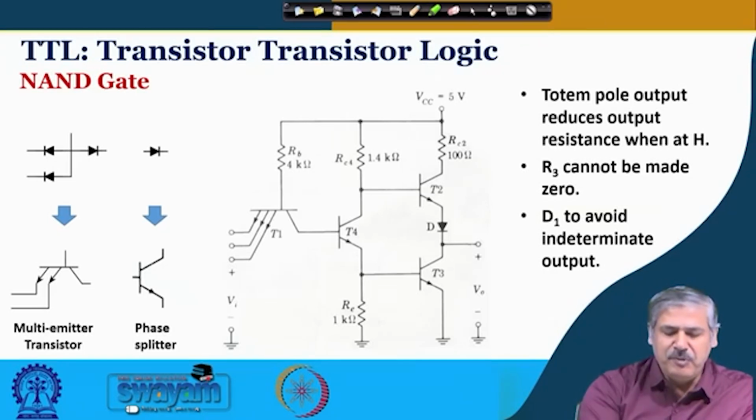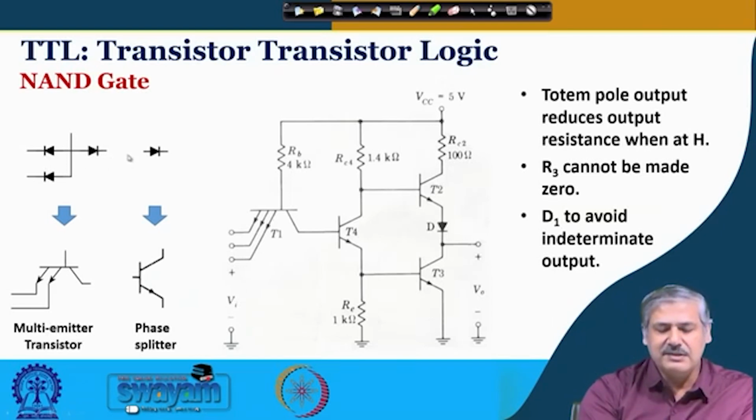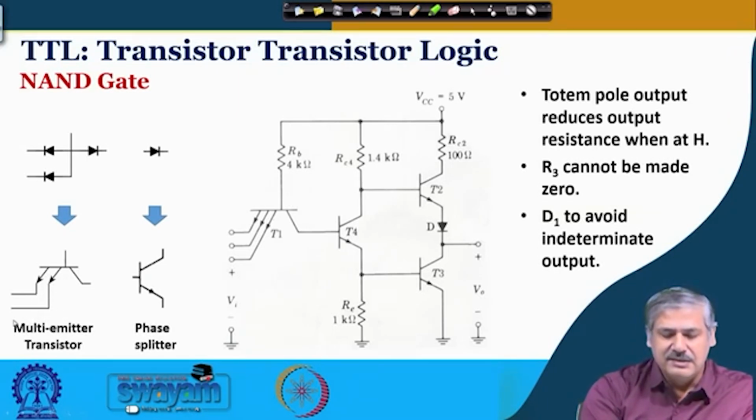So, this input block, what you see over here, there are 2 diodes and rather a 3 diode combination, and in TTL this is replaced with a transistor which is something like this. These 2 diodes refer to 2 emitters in a multi-emitter transistor. This diode refers to the base collector junction over here, and this is the base emitter junction.